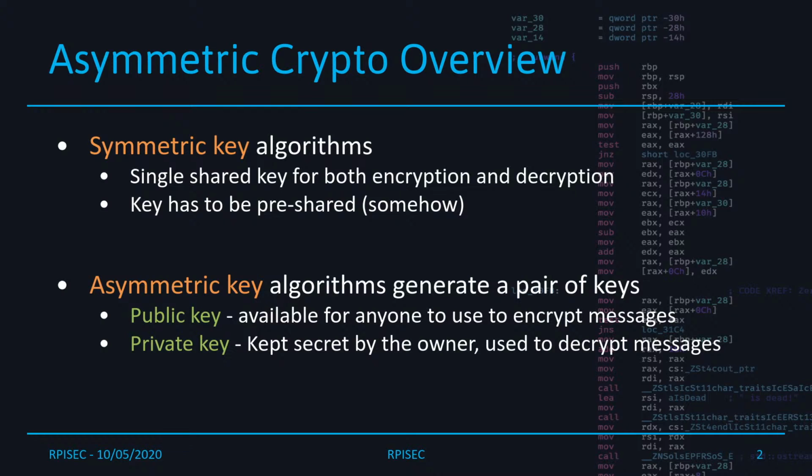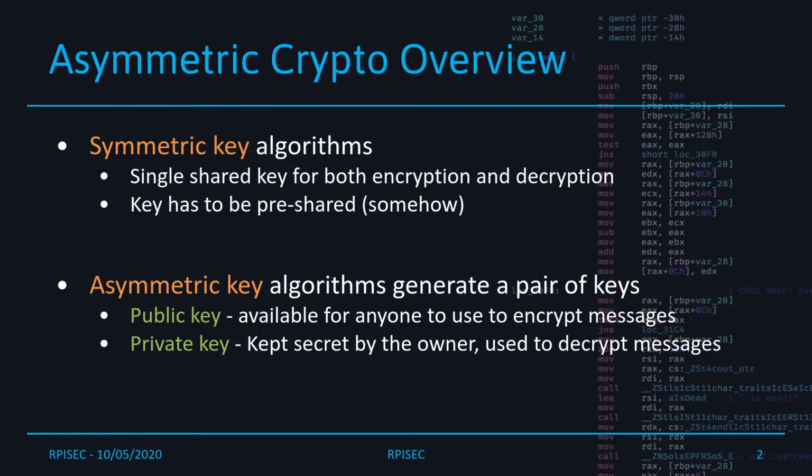Well, besides asymmetric cryptography being able to just do encryption and decryption, it can also give rise to key exchange algorithms where you can generate a shared symmetric key by using an asymmetric crypto system as a scheme for that generation.